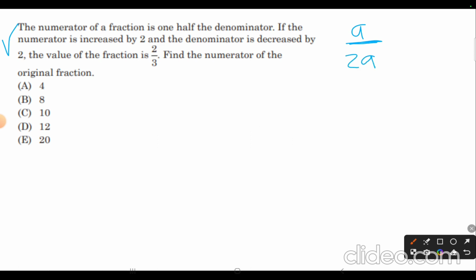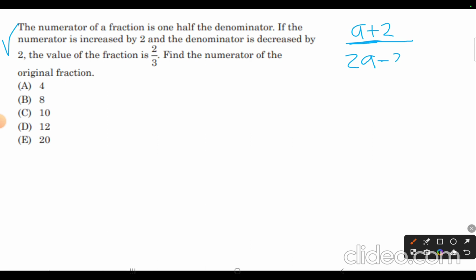We can write it like this because the numerator is half of our denominator, and the numerator is increased by 2, and the denominator is decreased by 2.